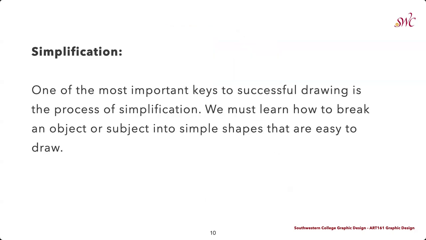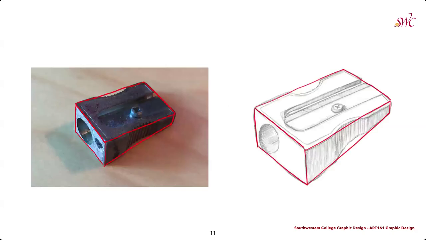So let's look at these a little bit further. Simplification is really one of the more important tools within a successful illustration or drawing. And we want to think about how we can break down an object or a subject into these simple shapes that are easy to draw within the original sketches. So if any of you have ever taken a drawing class before, you might have used this practice, which is really taking some sort of object that might be rather complicated and thinking about the simple forms that this object is going to sit within.